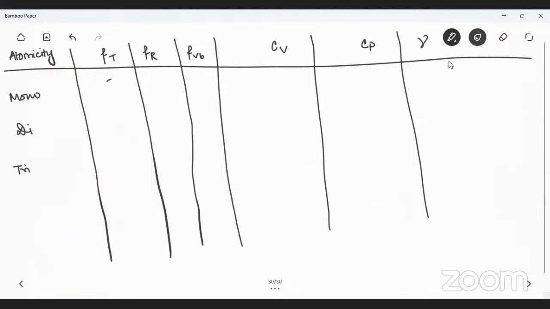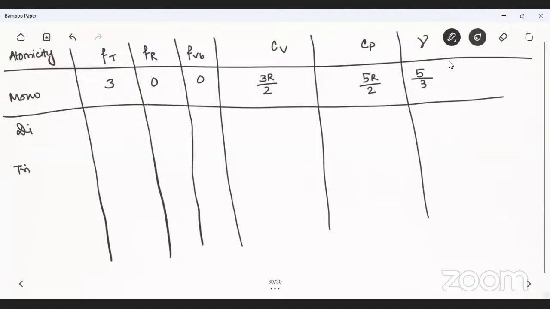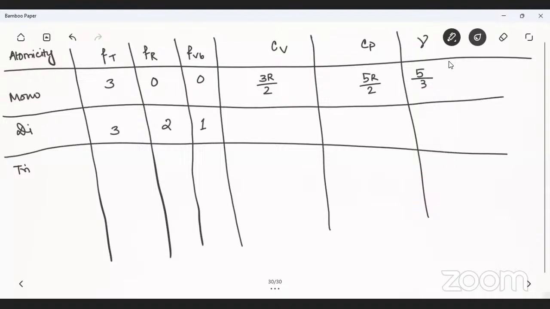For mono, it is 3, 0, 0. We know this. So it will be 3R by 2, and it will be 5R by 2. Now you have done chemical bonding, right? So if you know the structure of the molecule and you remember this chart, you don't have to calculate. You can see this chart and answer. So for di, it is 3, here it is 2, here it is 1.